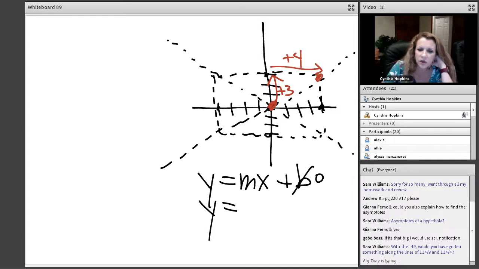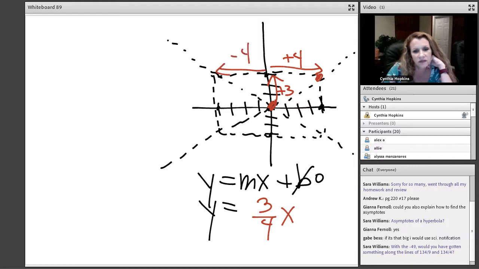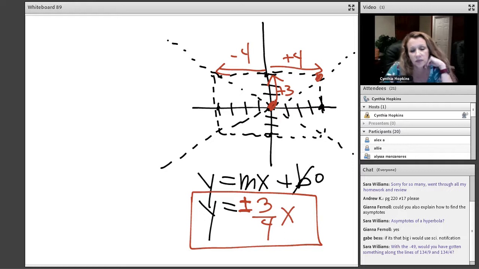And so my slope is 3 over 4 times x. However, if I look at my other line, there's two asymptotes. I go up 3 and left 4, and that just gives me a negative 3/4. So I'm going to shortcut it and write them together. Y equals plus or minus 3/4 x would be the equations of these asymptotes. Okay, so it has all to do with the slope. Alrighty, so Gianna, that should have helped.